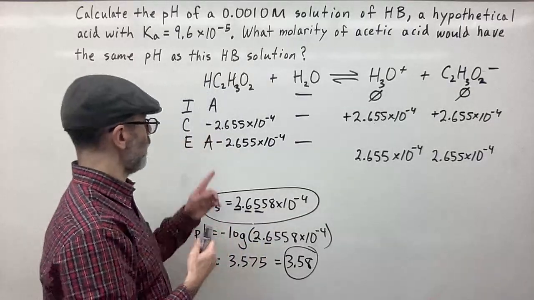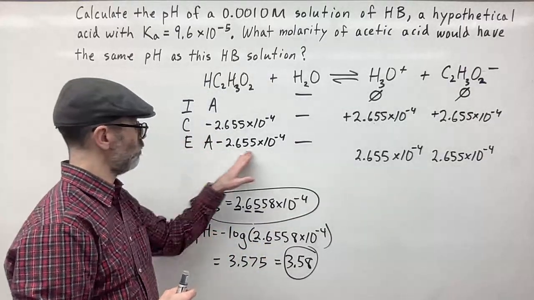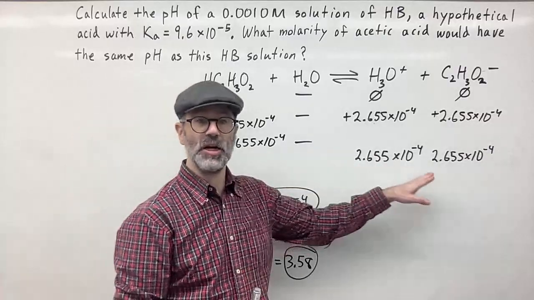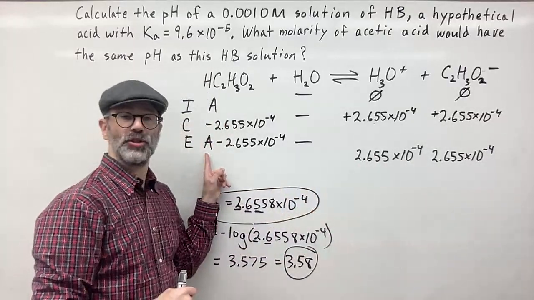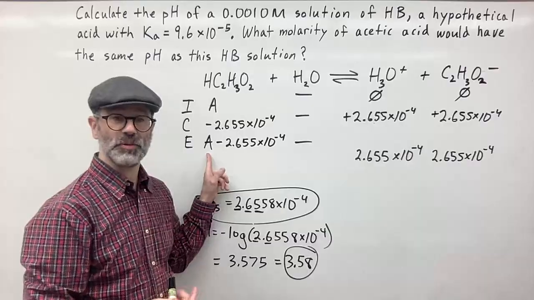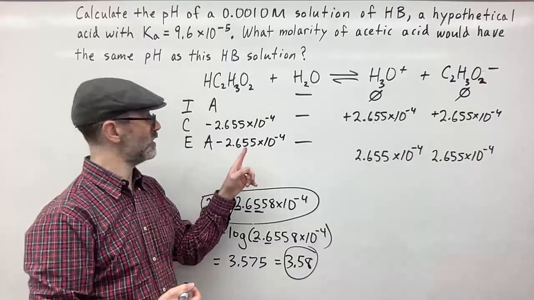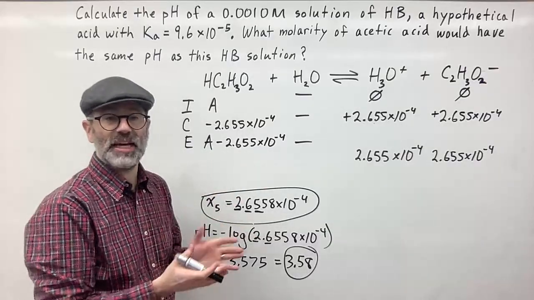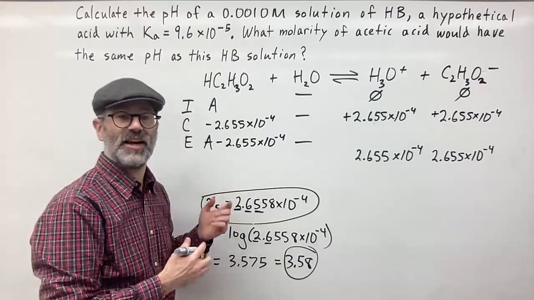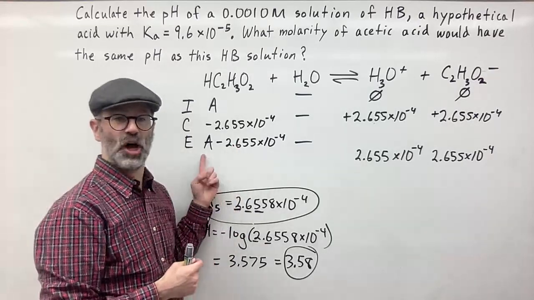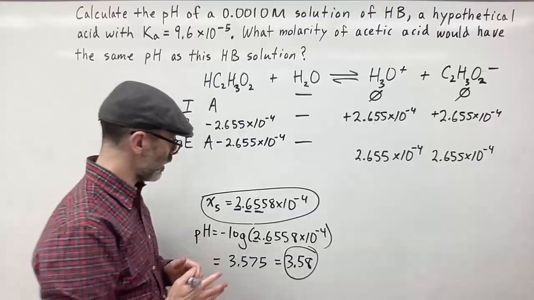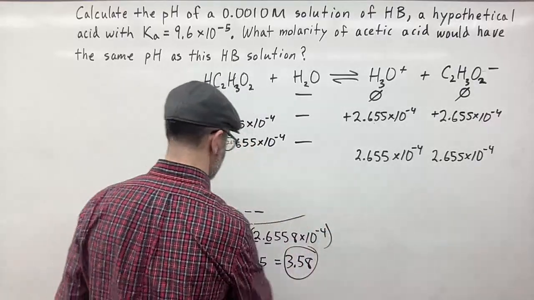And so now we have the equilibrium concentrations here. Now all we have to do is plug it into our equilibrium expression and solve for A instead of X, right? So same thing, but now we're solving for the initial concentration. So let's go ahead and set that up.